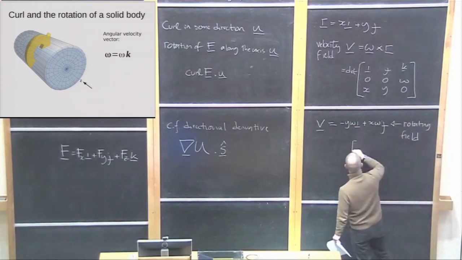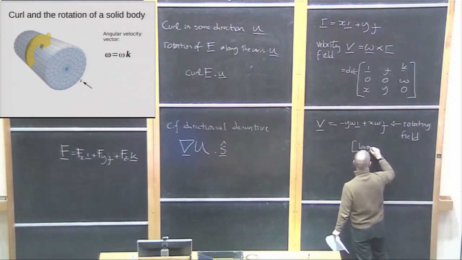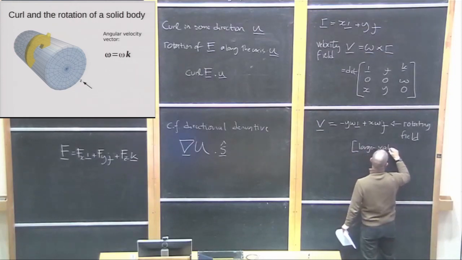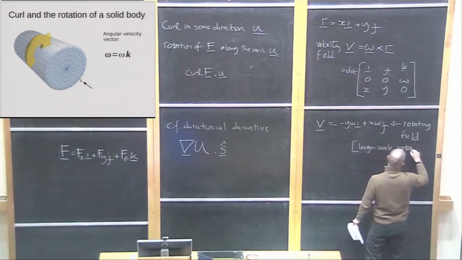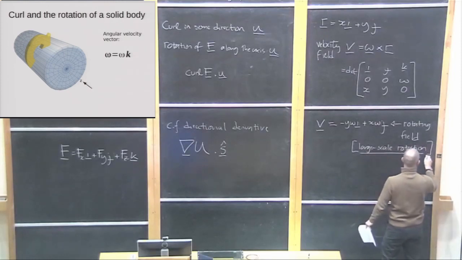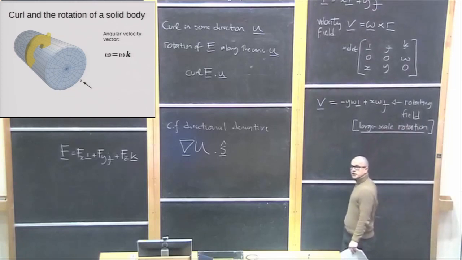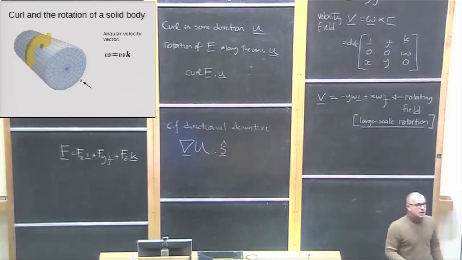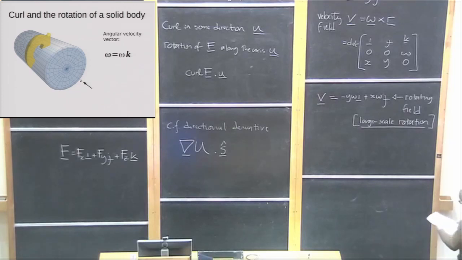However, what I mean by this is it has large scale rotation. And again, as I keep forewarning you, we're going to come across a vector field shortly which has large scale rotation but doesn't have a curl.